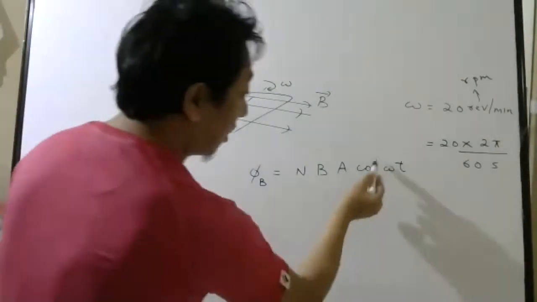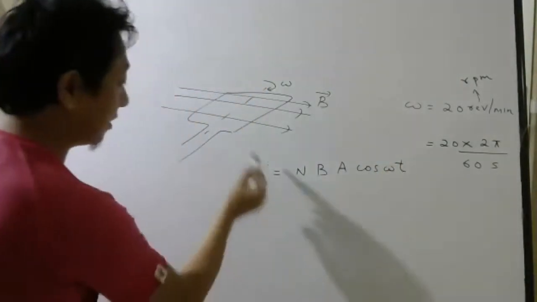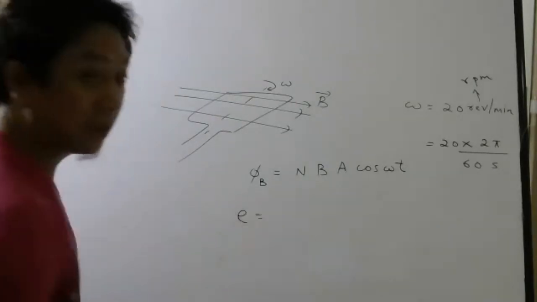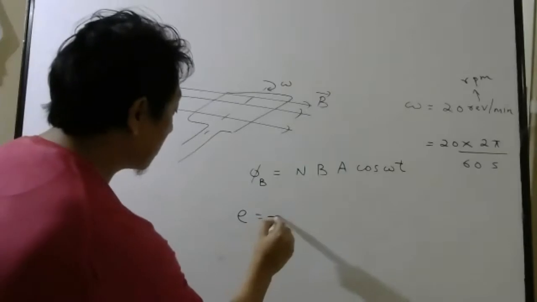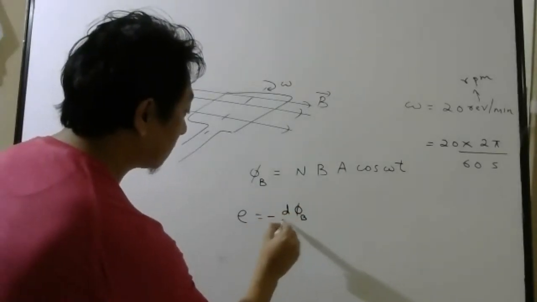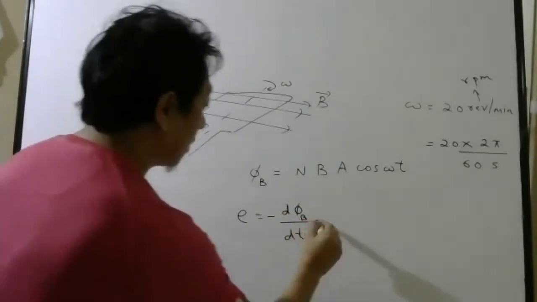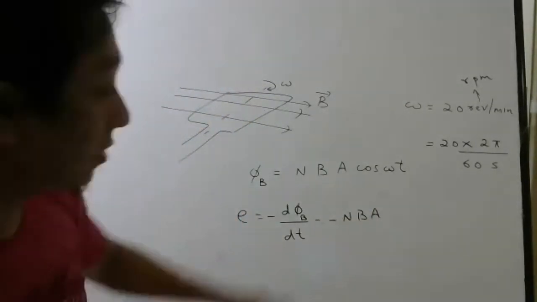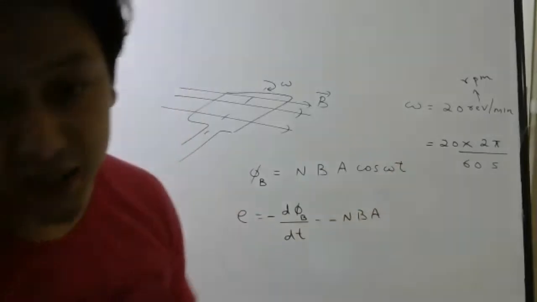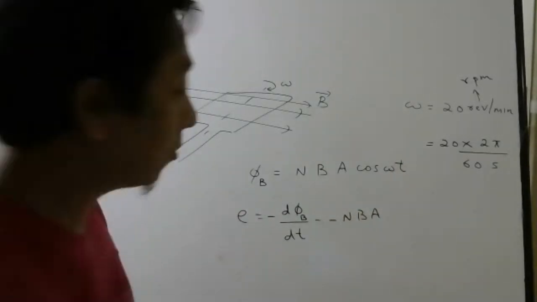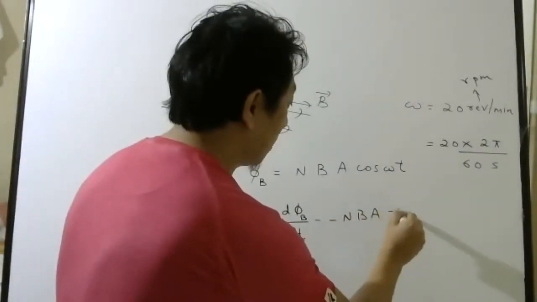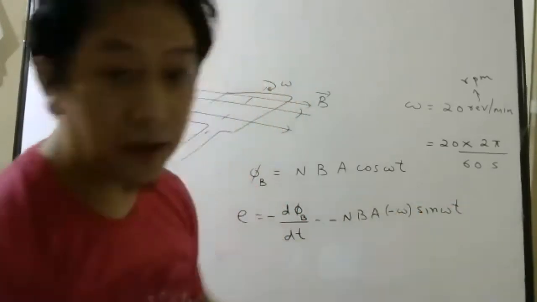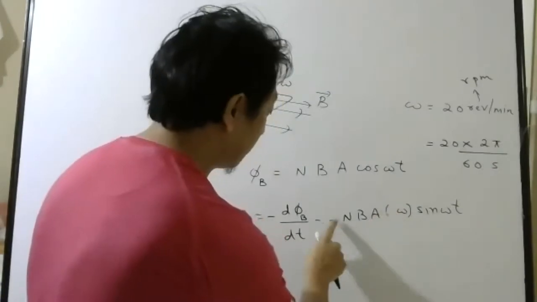As this function changes, flux will change, EMF will be induced. What is the formula given by Faraday? Minus d phi by dt. NBA is constant, you take it outside. Differentiation of cos omega t with respect to t will be what? Minus omega sine omega t. Minus minus will become plus.